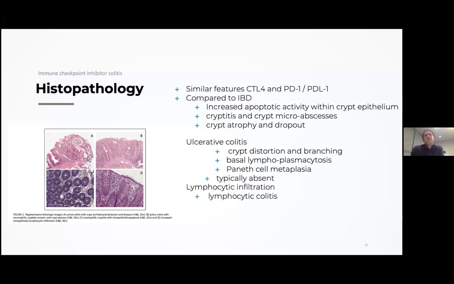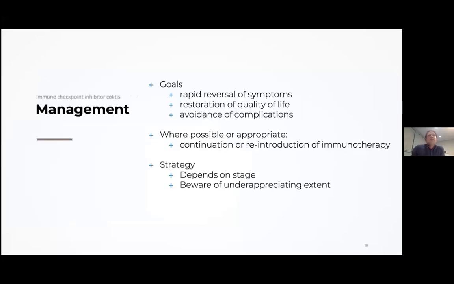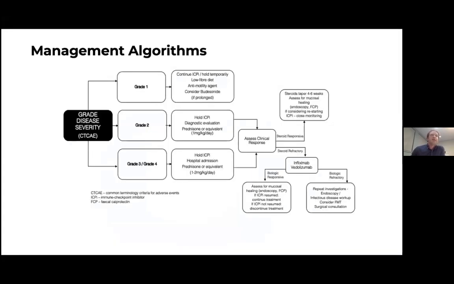Cryptitis and cryptomicroabscesses, atrophy and dropout, as compared to the branching, distortion, basal lymphocytosis, and the Paneth cell metaplasia typically seen for the chronic colitis that we would need to make a UC diagnosis. In the patients where they have normal-looking colons endoscopically, but microscopic colitis is seen, it's a lymphocytic colitis invariably.